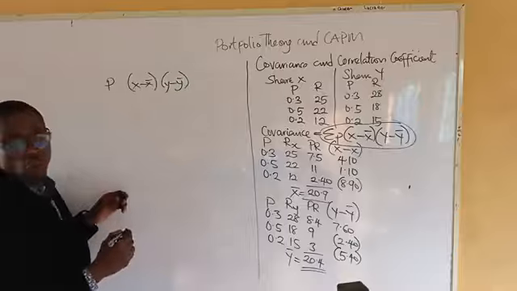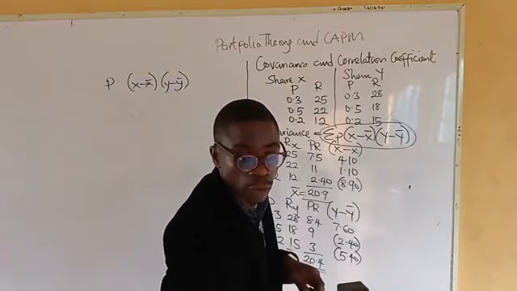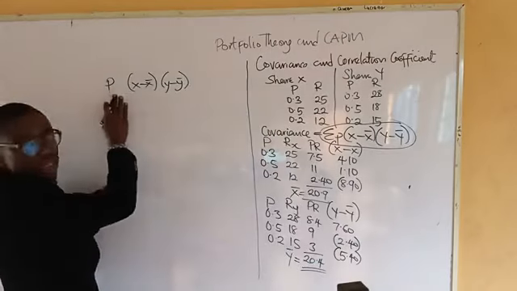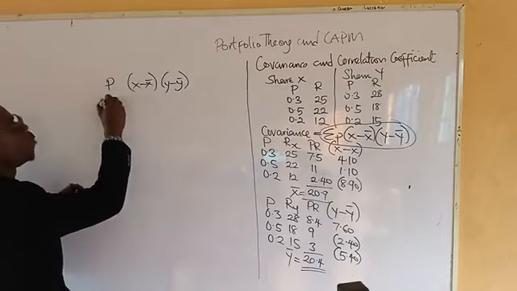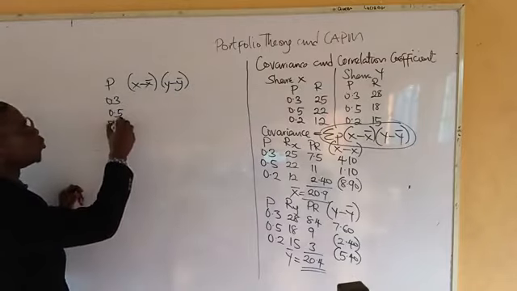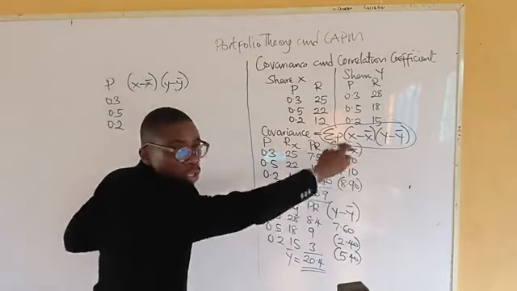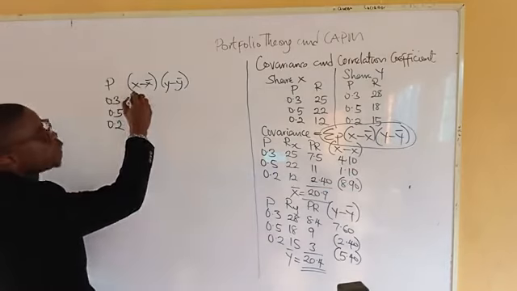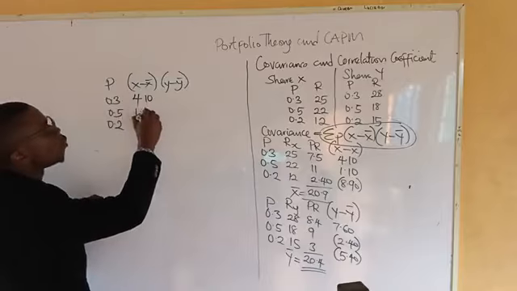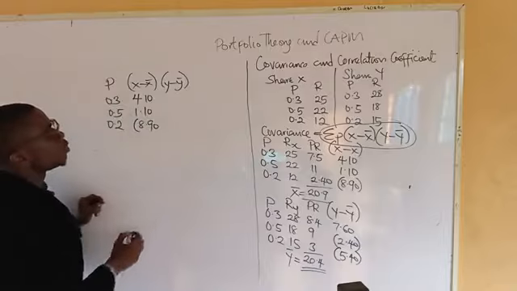So when you multiply together, what do you have? Let me just list it. We have 0.3, 0.5, 0.2 as the probabilities. So what is our x minus x bar? We have 4.10, 1.10, and minus 8.90.